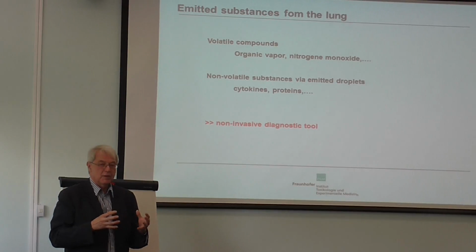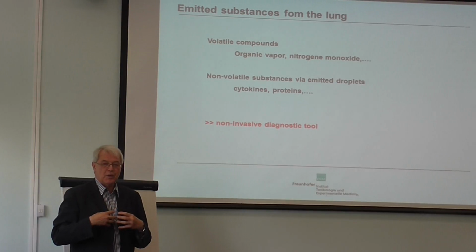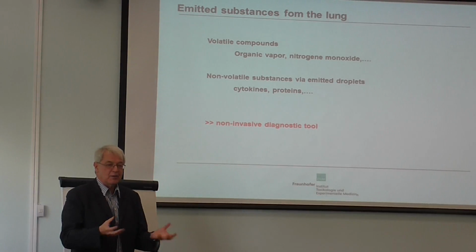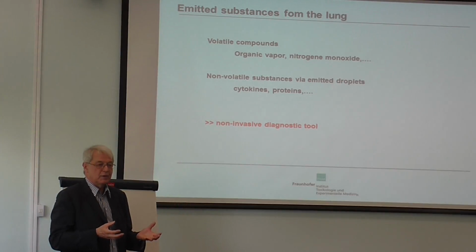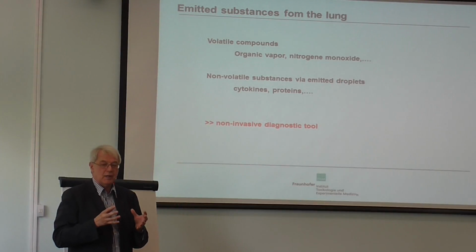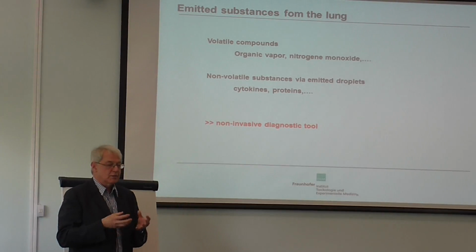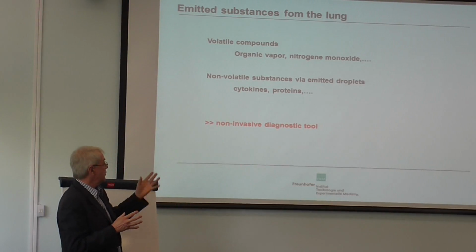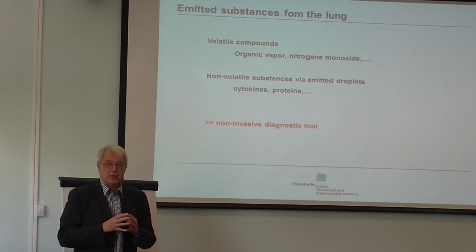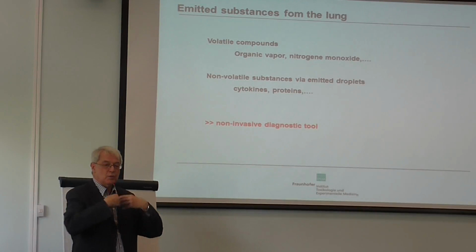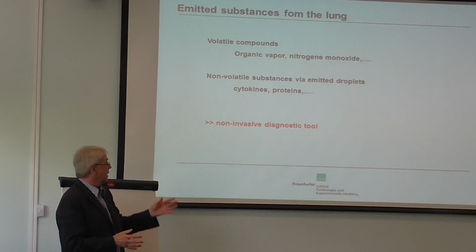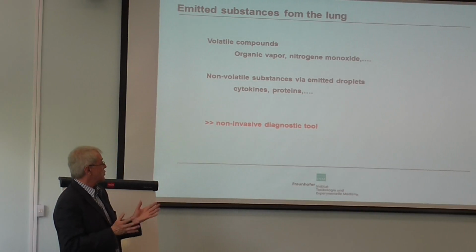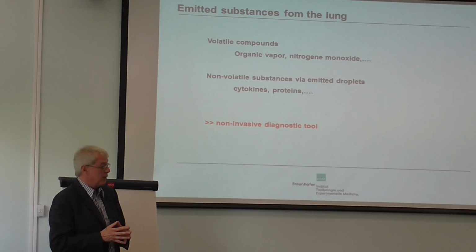So the question was, how do these compounds get out of the lung? They cannot get out of the lung just by evaporation like the volatile compounds, but they only can get out of the lung via droplets. So there must be a mechanism that generates droplets in the lung, and you exhale these droplets and can collect these droplets and use them eventually as biomass.